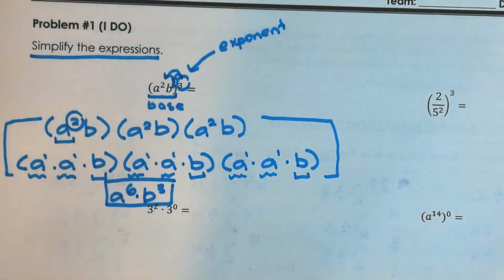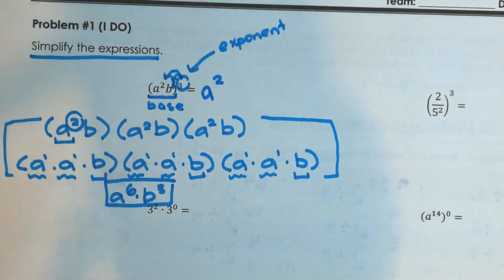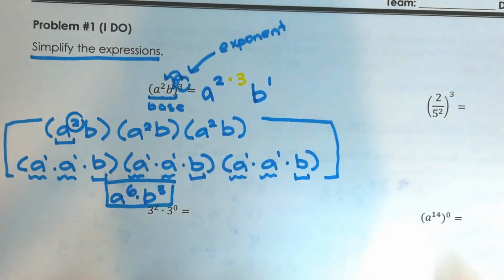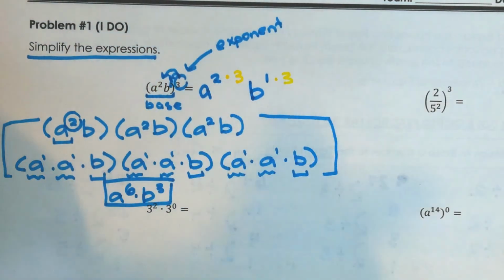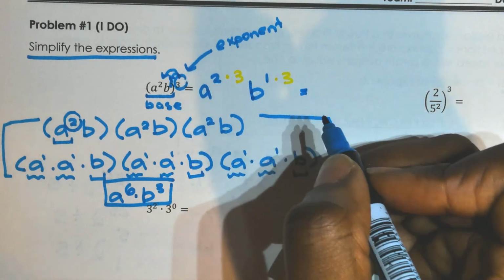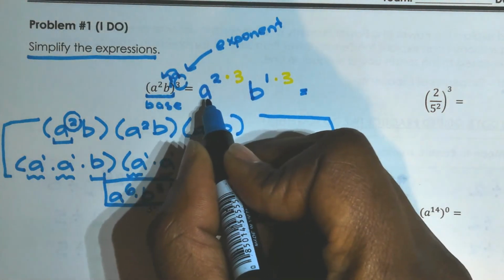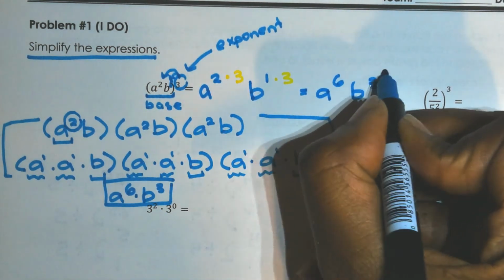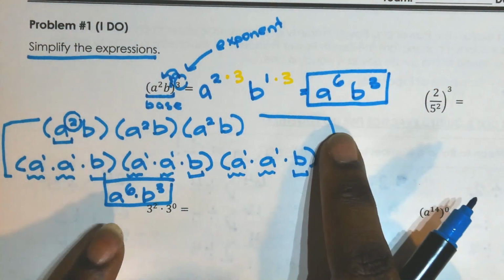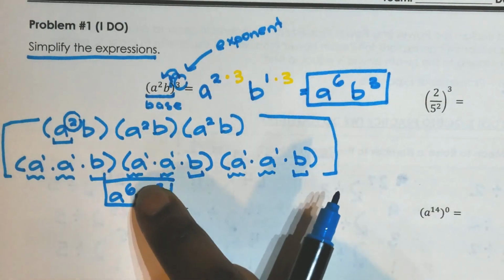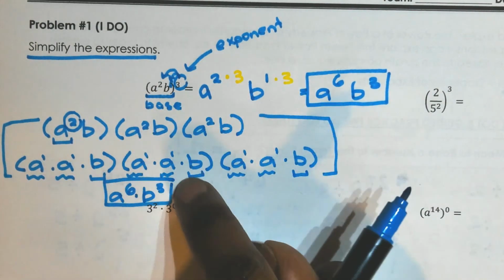So that a to the second is really a to the 2 times 3 power, and that b to the first is now b to the 1 times 3 power, right? 2 times 3 is 6, and 1 times 3 is 3, right? And I get the same thing, so that means I can just go ahead doing it this way instead of working super hard. Work smart, not hard.